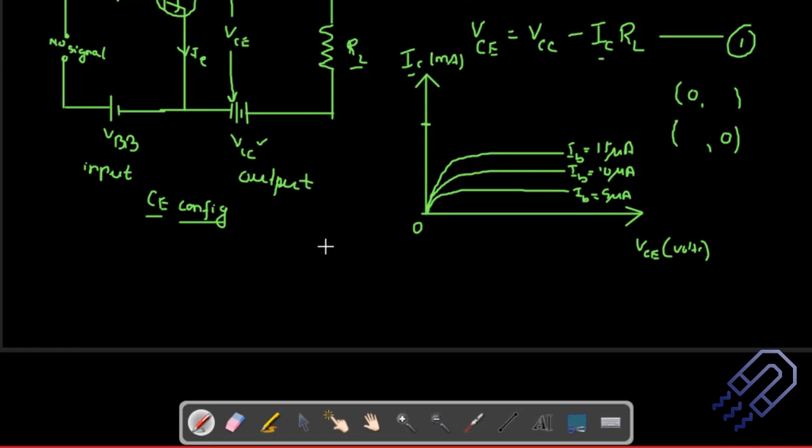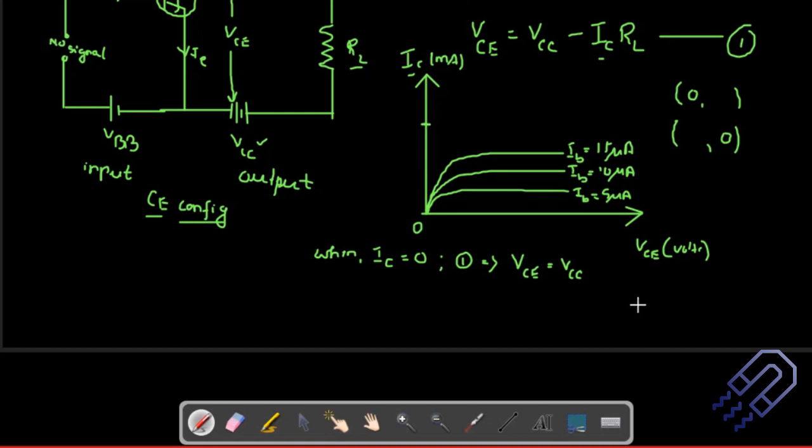When IC is equal to 0, equation 1 will imply, please concentrate on this, if this is 0, VCE is VCC. So we get VCE is equal to VCC.